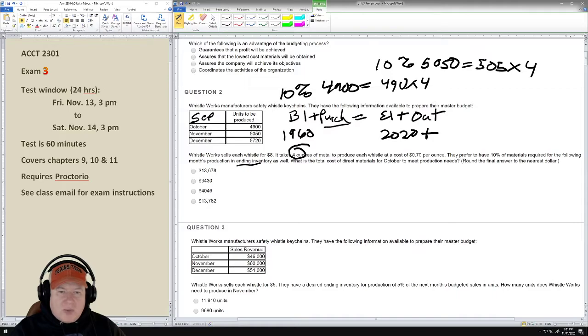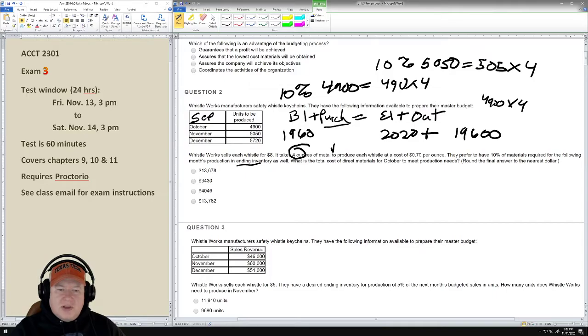Then we're going to look at production. The production for October, in other words, what's going to leave inventory, is the items we produce. That's going to be the 4,900 times 4 units, which comes out to 19,600.